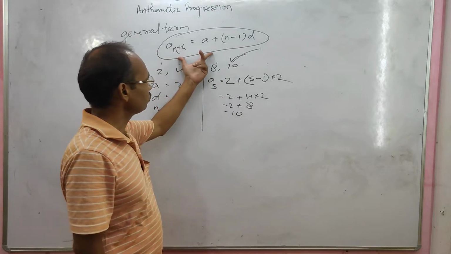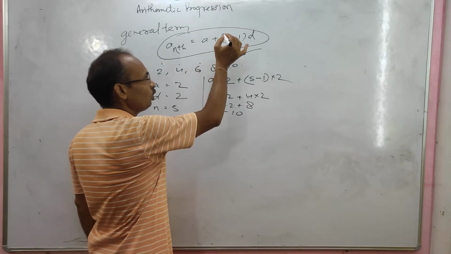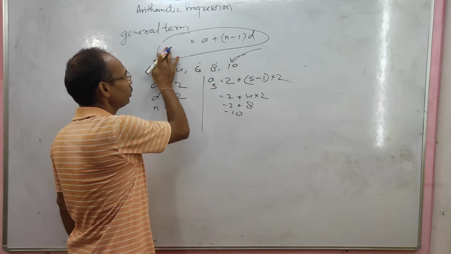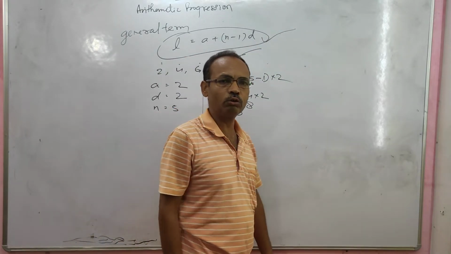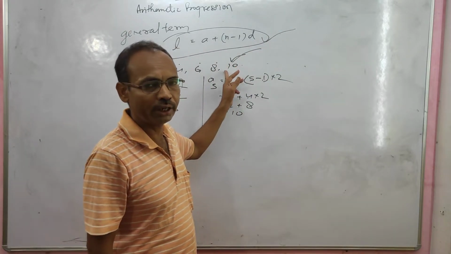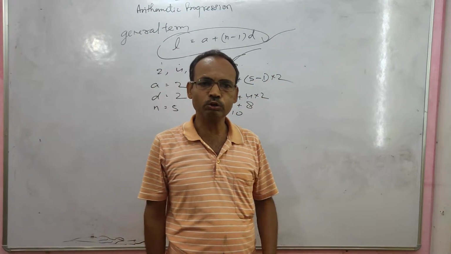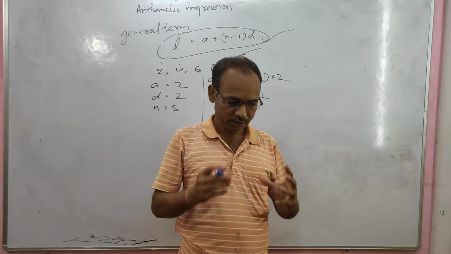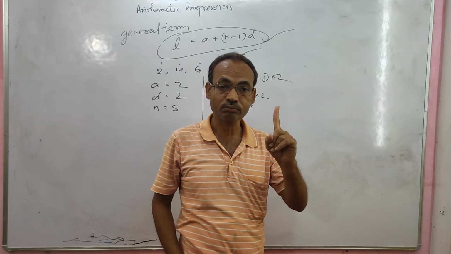It is also used to find the last term. You put only the value of n and you can get the last term by this formula. There is no difference between the last term and the nth term. But sometimes you should know about any term from the last, not from the beginning.